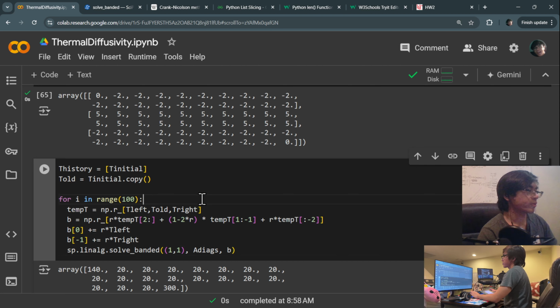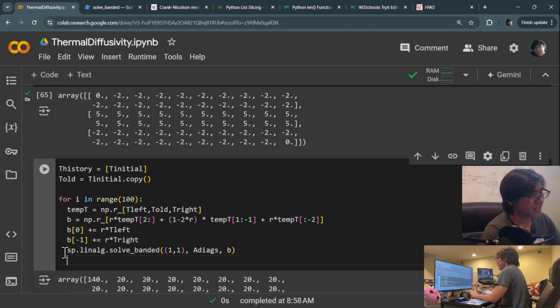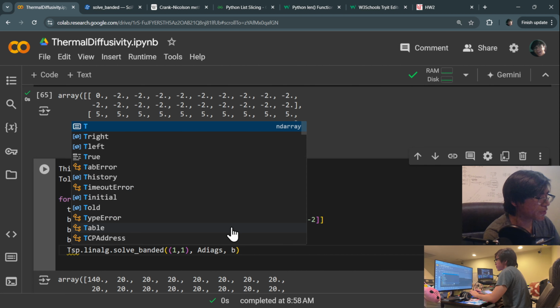What else? So this is T old. I think we're missing a... I think this is right, actually. So temp T, and then after we solve it, we want to store our new line of temperatures as T new.